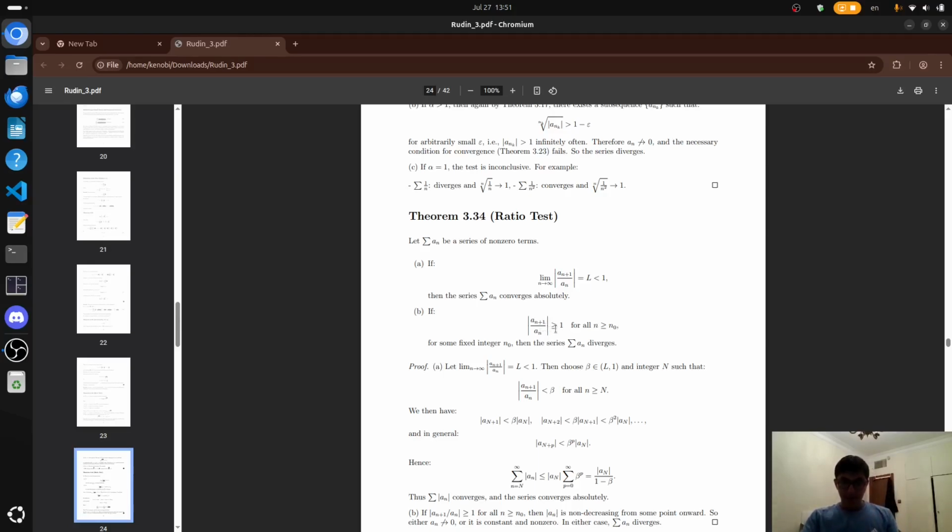But it converges. We know that that series converges, but its limit is going to be equal to 1.